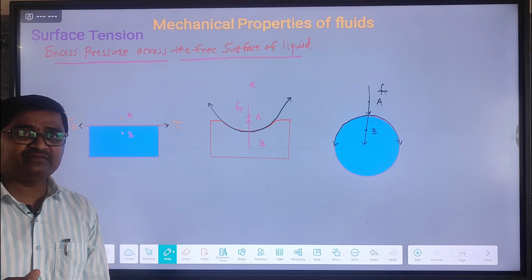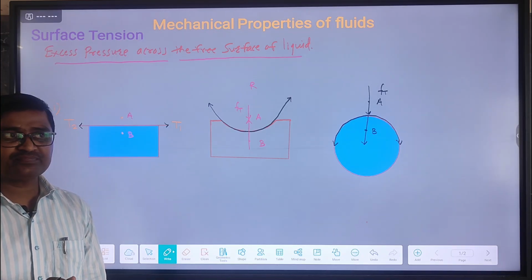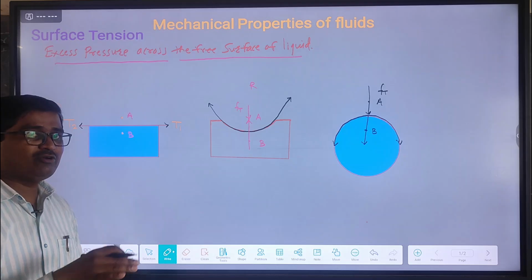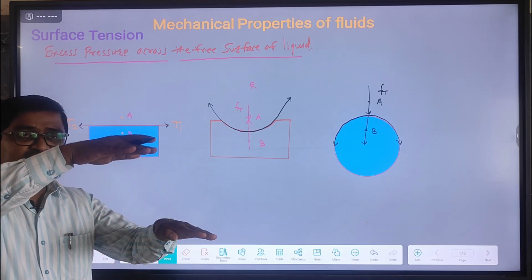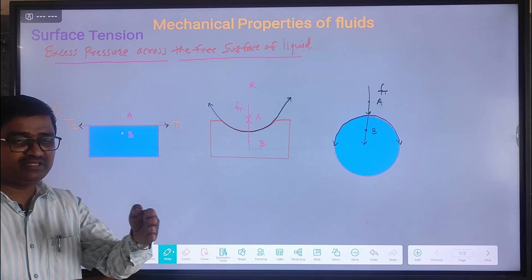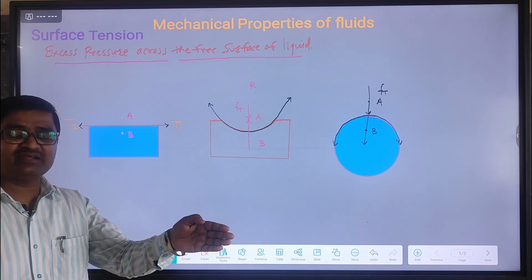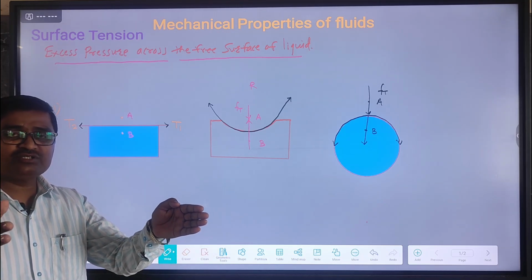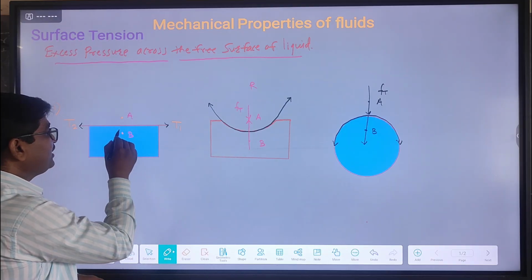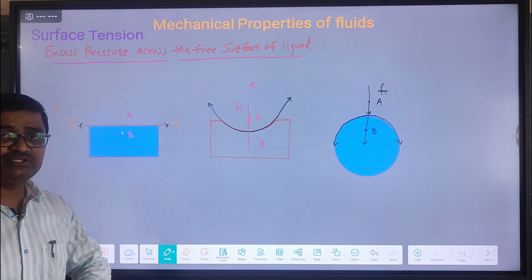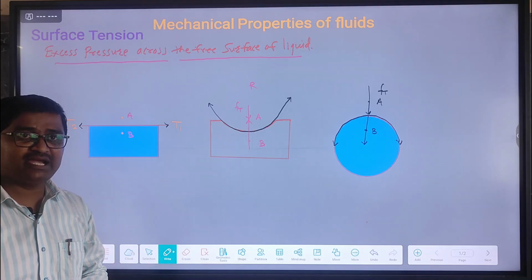There is no pressure difference between points A and B because the liquid is in equilibrium, so the surface will be plane. The liquid cannot move vertically upward or vertically downward. It means the force due to surface tension between two sides is equal and opposite, and the pressure at points A and B is the same. There is no pressure difference at points A and B.